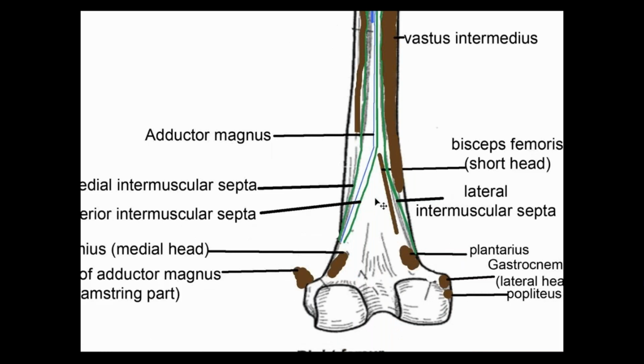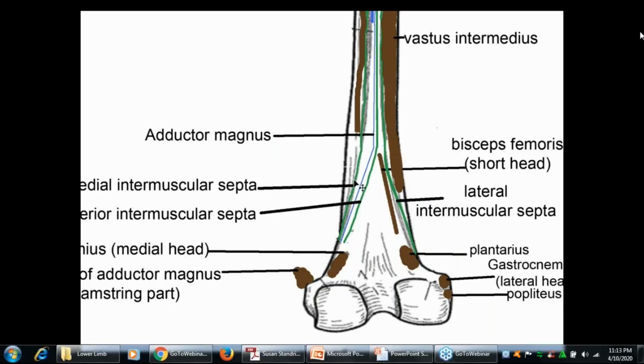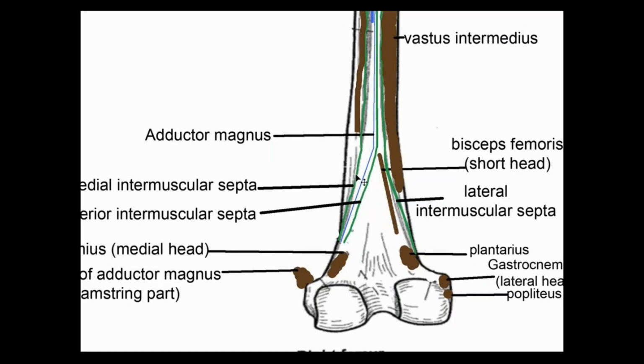On the popliteal surface, at the inferomedial angle, there is the origin of the medial head of gastrocnemius, and at the inferolateral angle, there is the origin of a muscle known as plantaris. Right? Now the medial supracondylar line receives three attachments.